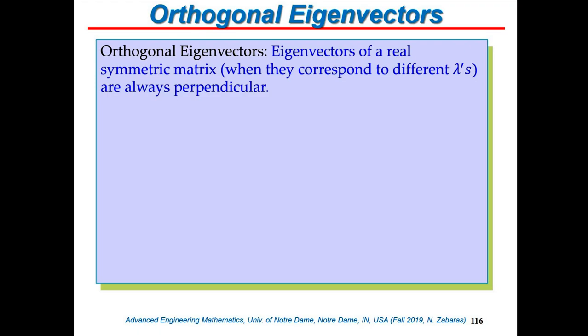And remember, for now in these proofs, I'm assuming I don't have repeated eigenvalues. So we need to show that the two eigenvectors are orthogonal to each other.